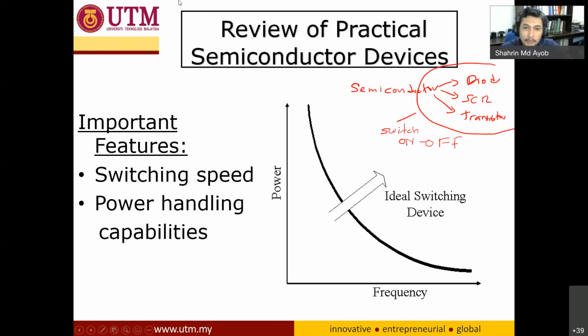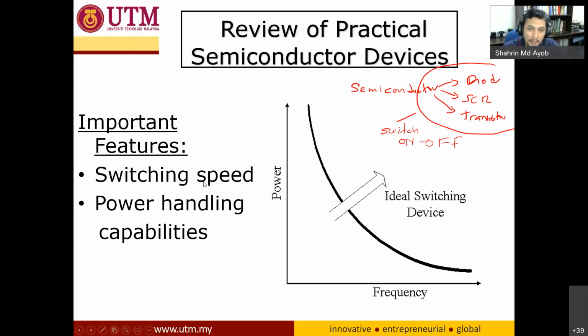To select a suitable power device, whether to use a diode, SCR, or transistor, there are two main features that you need to consider before selecting the suitable device for that particular application or circuit. The first is the switching speed.